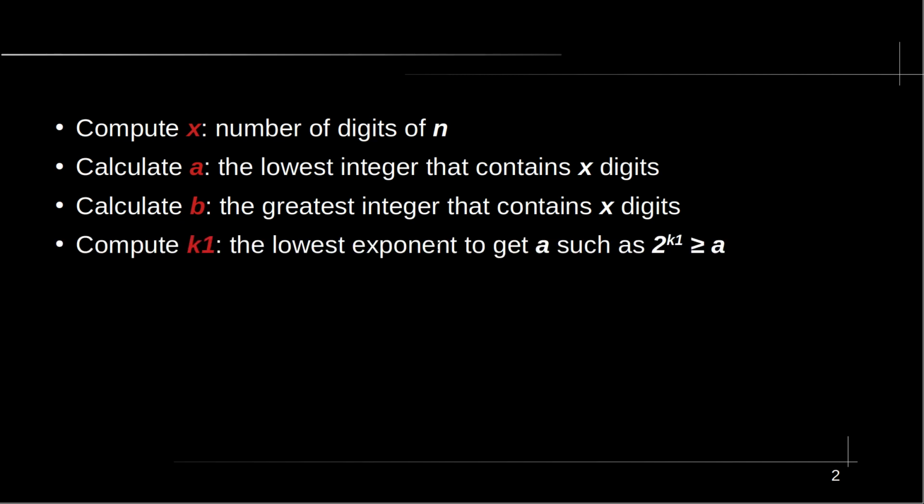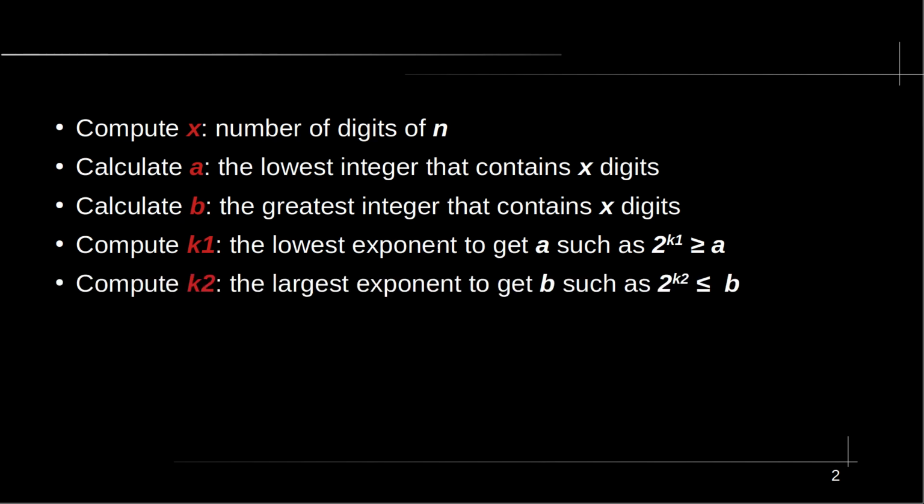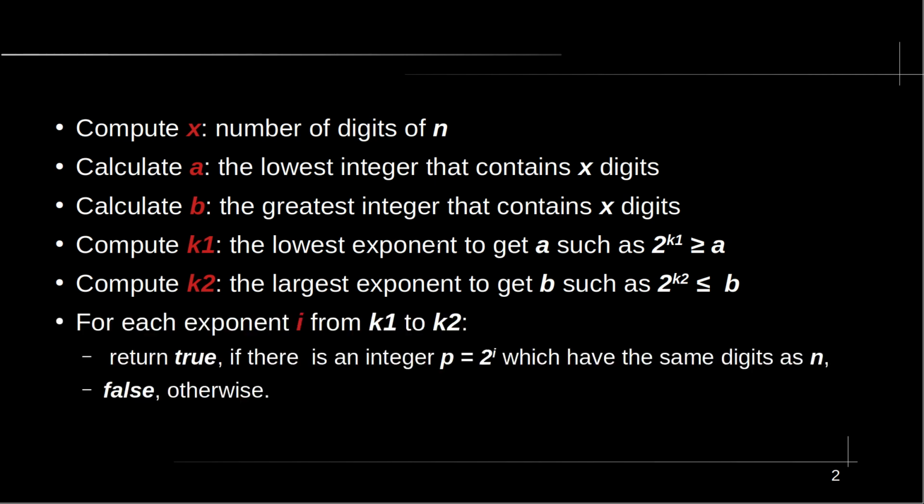Compute k1, which is the lowest exponent such that 2 power k1 is greater or equal to a. And compute k2, which is the largest exponent such that 2 power k2 is less or equal to b. Then, for each exponent i from k1 to k2, return true if there is an integer p equal to 2 power i which has the same digits as n, false otherwise.